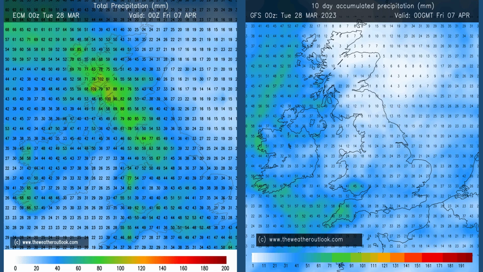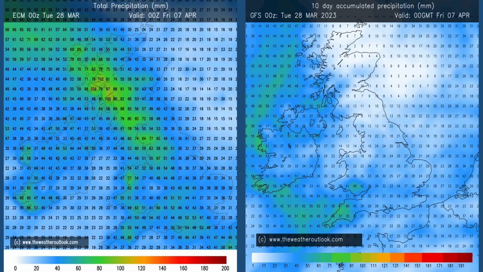But on the whole, the amounts in central and eastern England haven't increased hugely, and that pattern is probably a little bit clearer on the GFS chart on the right, because that's the model run which starts to have high pressure increasingly dominant towards the end of the first week, and rain on it becomes more and more confined to the northwest of the UK, as I showed on the initial sequence.